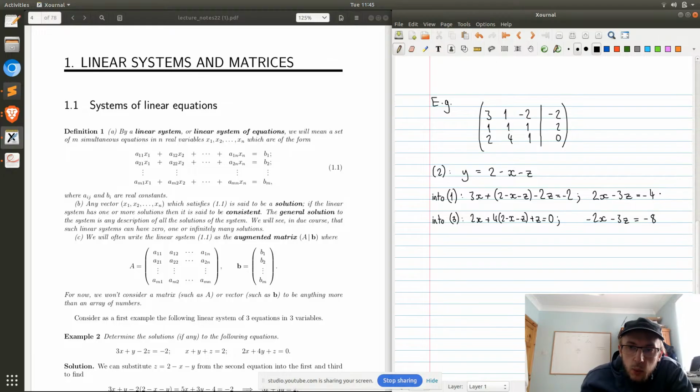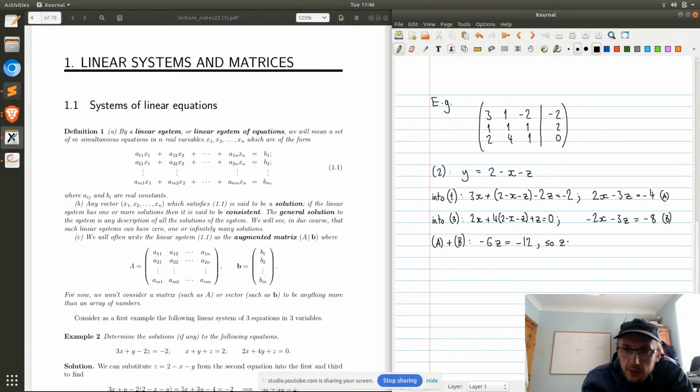Right, so now we have our 2 equations in 2 variables, like that. So we can just say a plus b, and that's equal to negative 6z, which is negative 12.